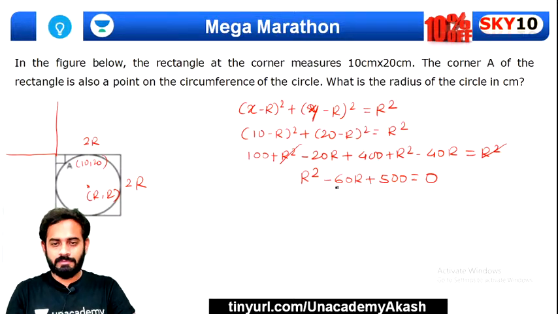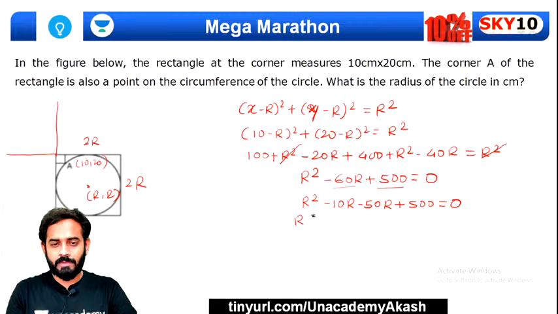Now find two numbers whose sum is minus 60 and product is 500. So I can write this as r square minus 10r minus 50r plus 500 is equal to 0.